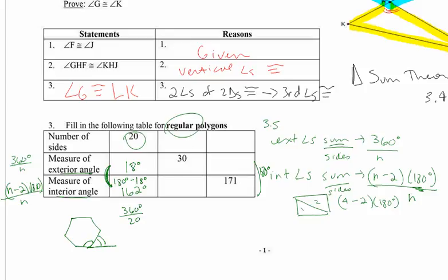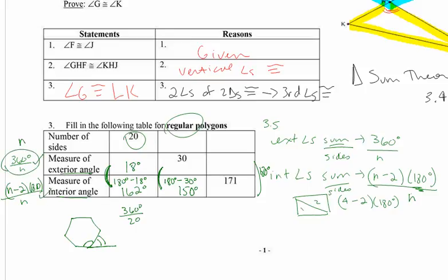In the next column, I'm given different information. I'm not given n, the number of sides. I'm given the measure of an exterior angle. So let's start with that sum of 180 again. If this is 30, this should be 180 minus 30, which is 150. Instead of the interior angle, I just have to figure out how many sides this regular polygon has. So I've got a choice. I can use this formula or this formula.